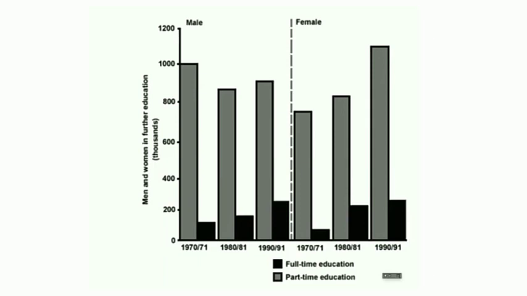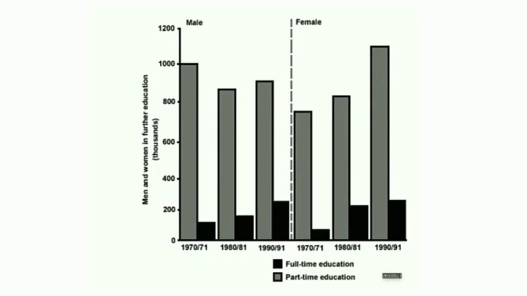The black bars are for full-time education and the grey bars stand for part-time education, and the time period is 3 different years: 1970 to 71, 80 to 81, 90 to 91. The same is for the female section. On the y-axis of our chart, the measurement of the data is in thousands. We are given the values 200, 400, 600.